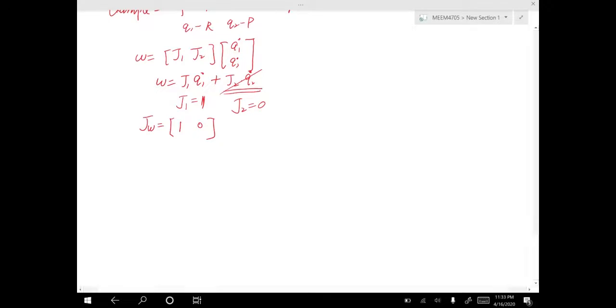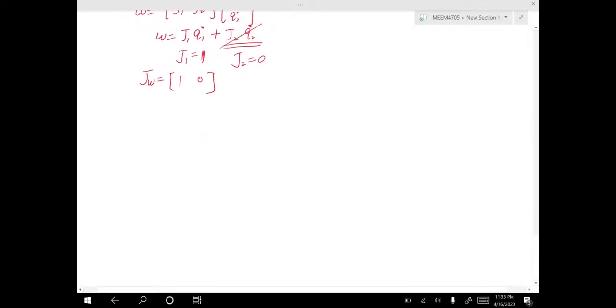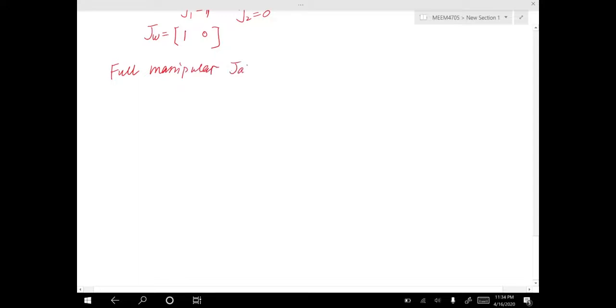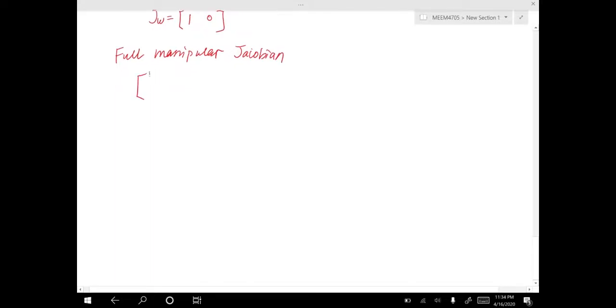So after we talk about the linear velocity Jacobian and angular velocity Jacobian, which are JV and J omega, what is the full manipulator Jacobian? Again, we call this the matrix equation. The linear velocity could be xy or xyz, depending on how many dimensions you want to calculate.